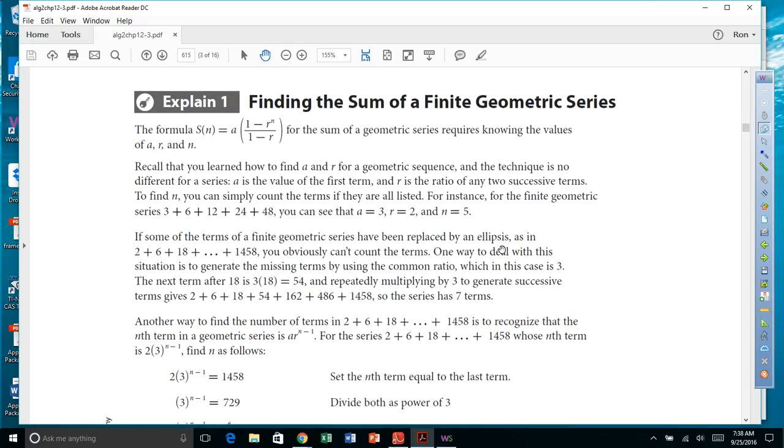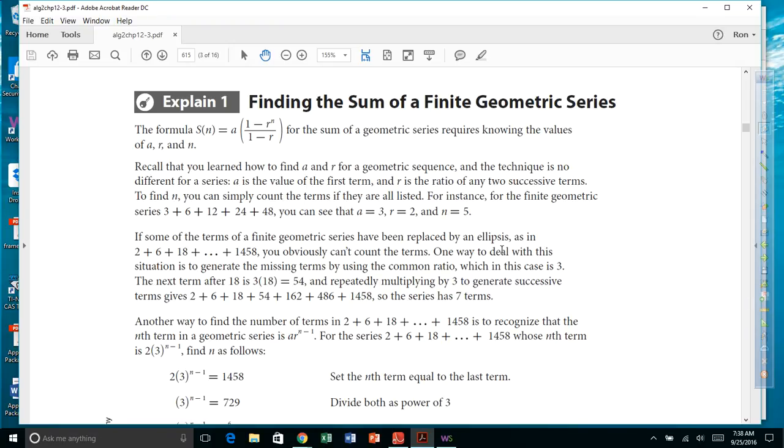Finding the sum of a finite geometric series. The formula s of n equals a times 1 minus r to the nth divided by 1 minus r, for the sum of a geometric series, requires knowing the values of a, r, and n. Recall that you learned how to find a and r for a geometric sequence, and the technique is no different for a series.